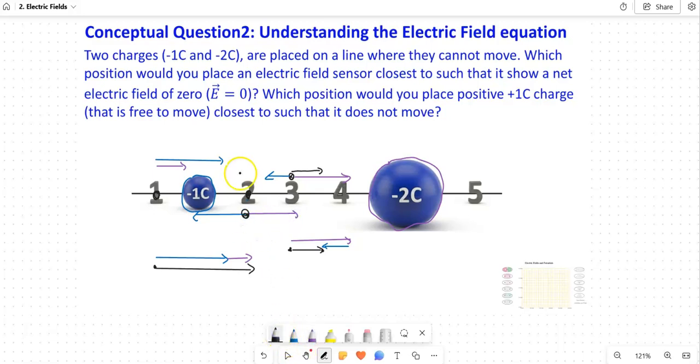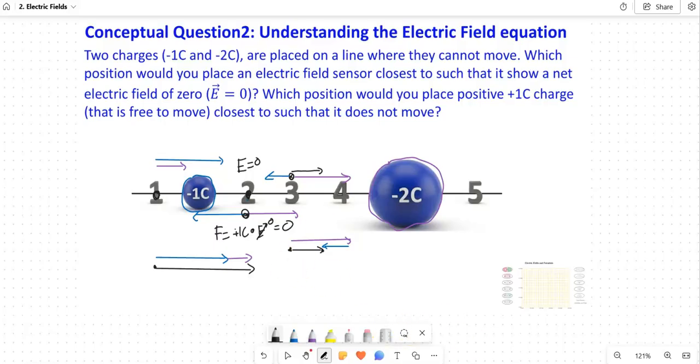So here is where the electric field is equal to 0. And so if you place a charge at that point, like a positive 1 Coulomb charge, the force is going to be a positive 1 Coulomb times an electric field of 0, which is the net force is going to be 0. Okay?